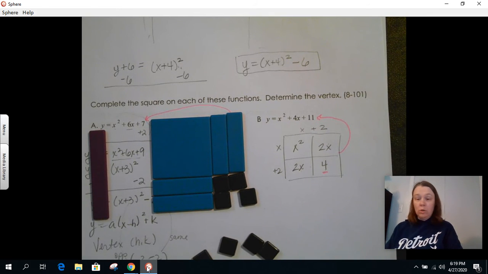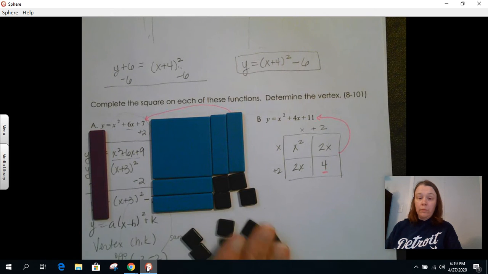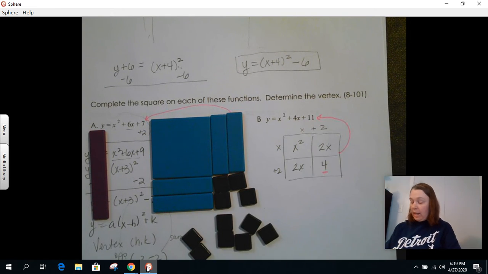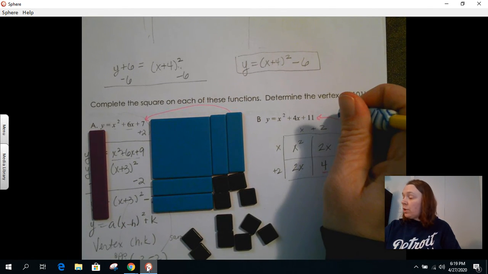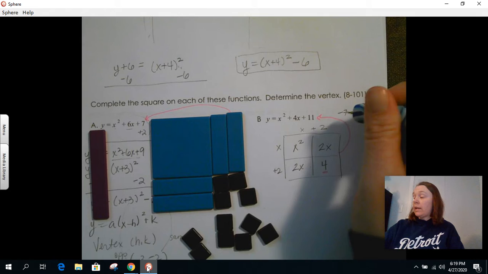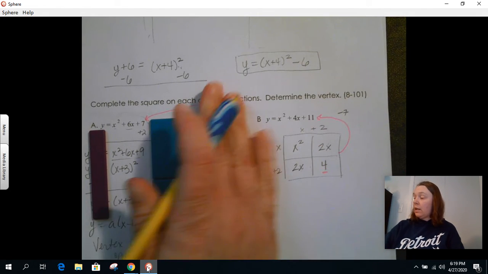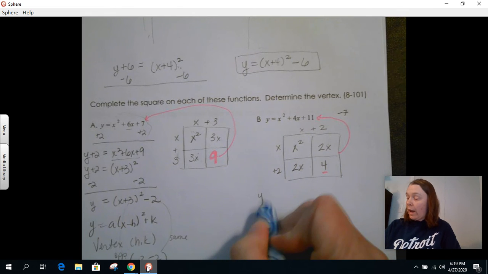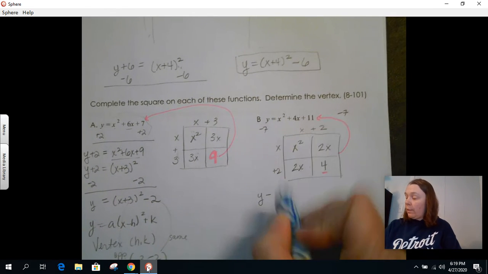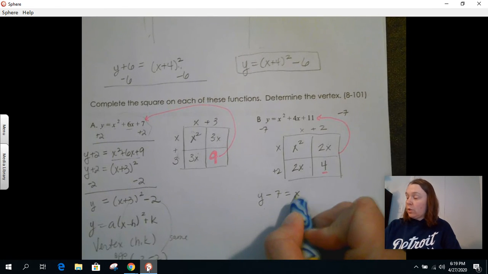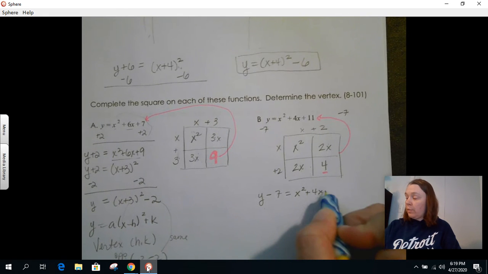I would have to subtract, right? What would I have to do to get to that 11? So what I would have to do is I would have to subtract 7. And if I subtract 7 on the one side, I would have to subtract 7 on the other side. So I'd have y minus 7 equals x squared plus 4x plus 11.